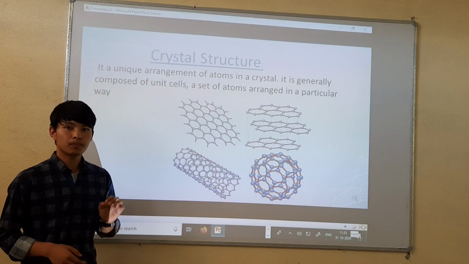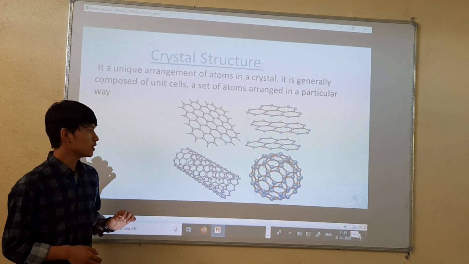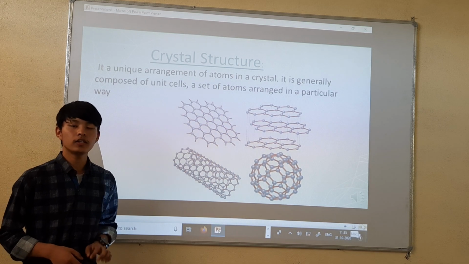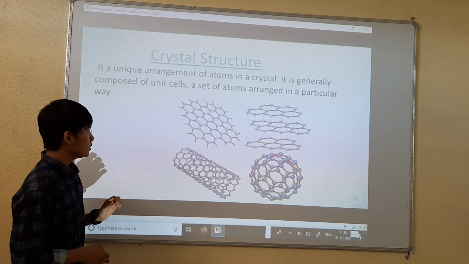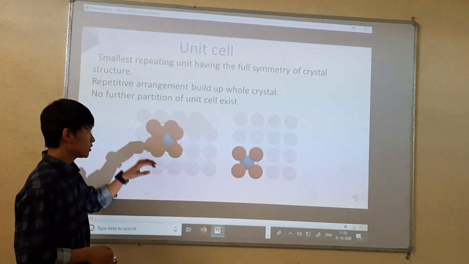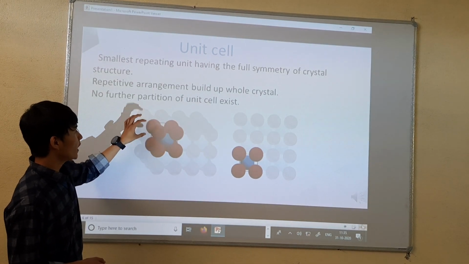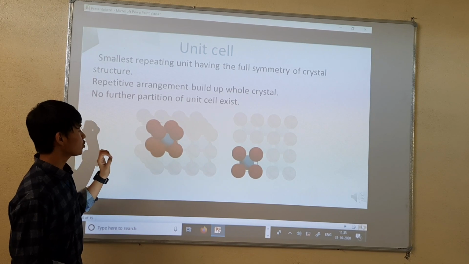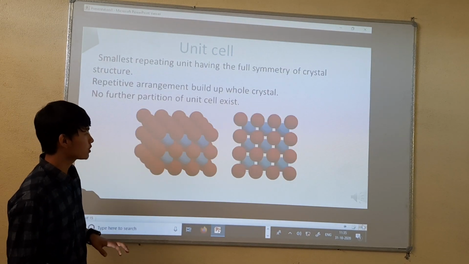The smallest particle of a crystal that constitutes the entire crystalline material is called the unit cell. So the unit cell is a small portion of the entire crystal which reflects the symmetry and structure of the entire crystal.